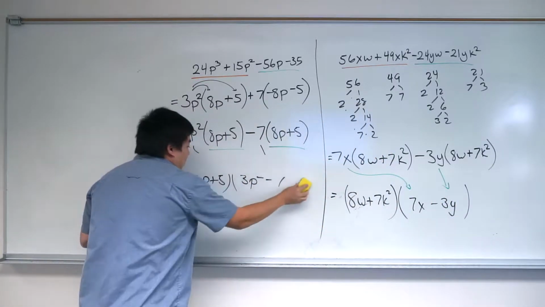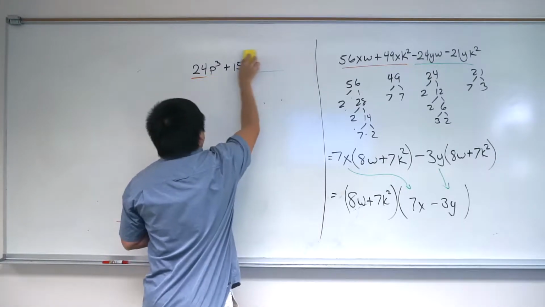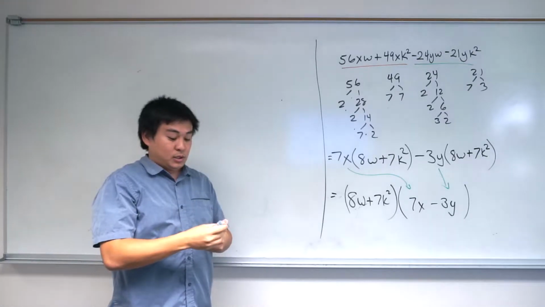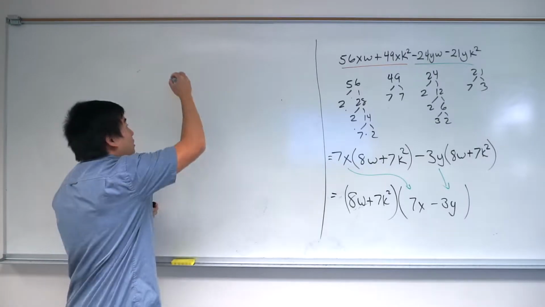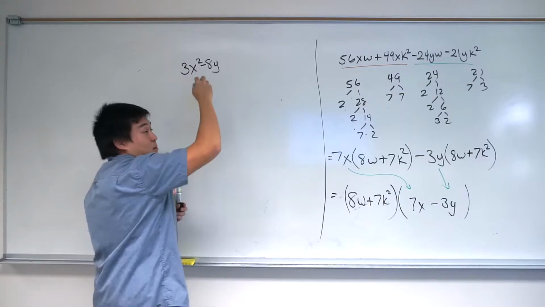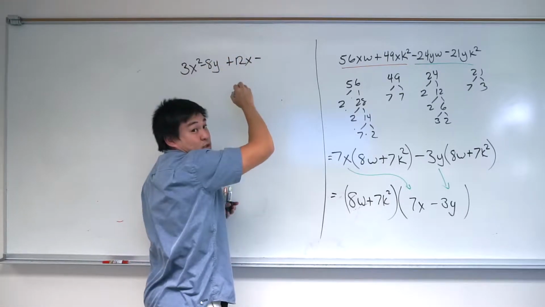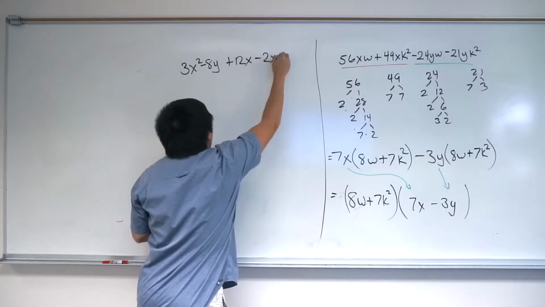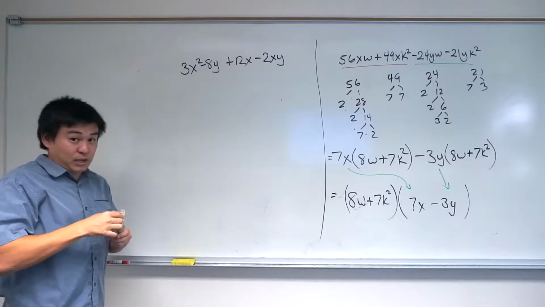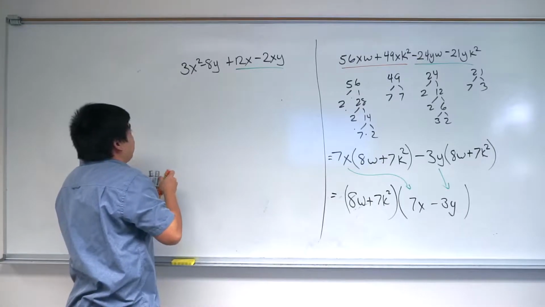What I don't want you to start doing is getting used to being in a mode where you always group the first two. So let's look at an example, which is 3x squared minus 8y plus 12x minus 2x. Let's try to group it the way we've been grouping it, which is by grouping the last two and the first two.